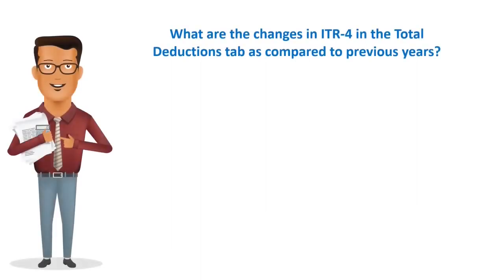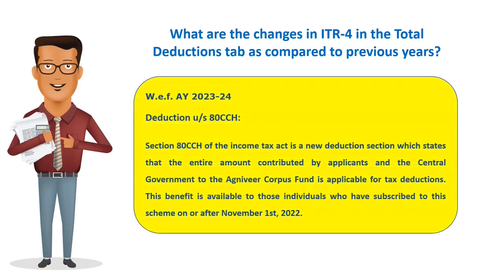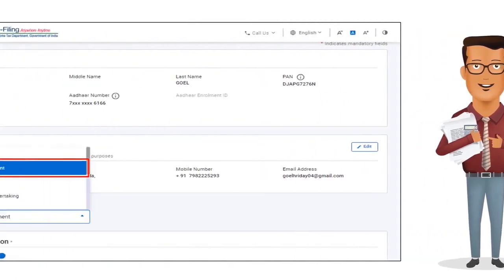It is important to see a change in ITR 4 in the total deductions tab. With effect from assessment year 23-24, deduction under section 80CCH has been added. The entire amount contributed by the applicant and the central government to the Agniveer Corpus Fund is applicable for tax deduction under section 80CCH.